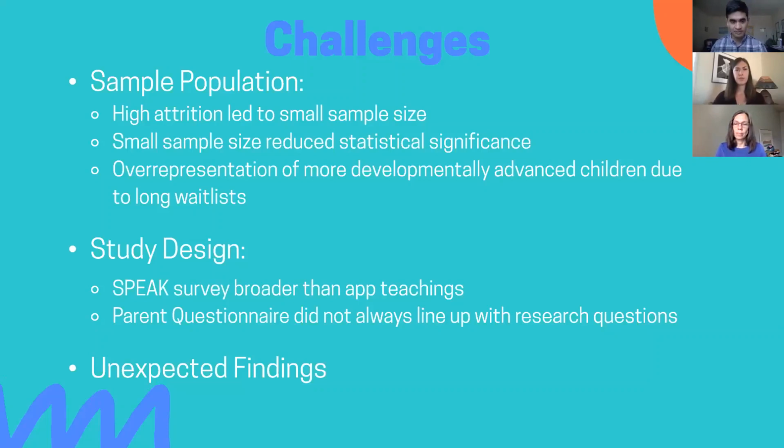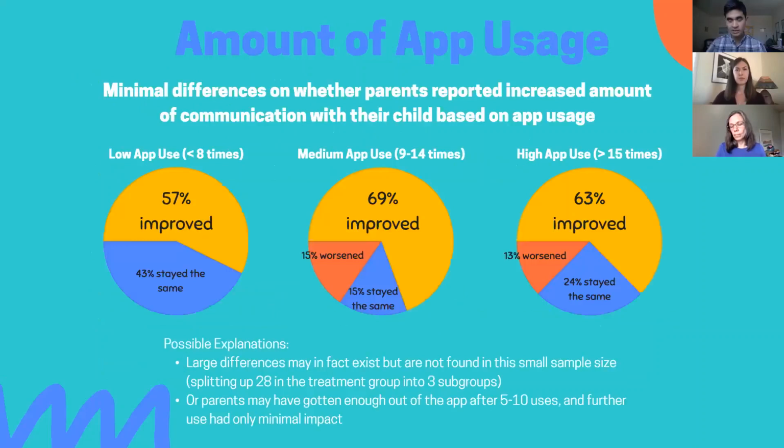As well as the study design and sample population challenges, we also did find an unexpected finding, which is that parents who use the app more did not actually report a greater increase in the amount of communication with their child.